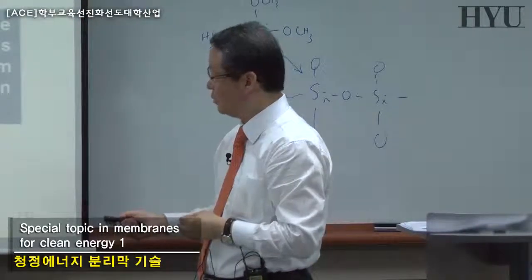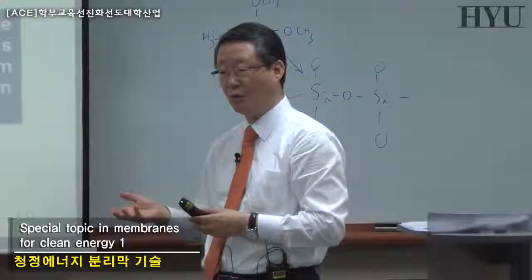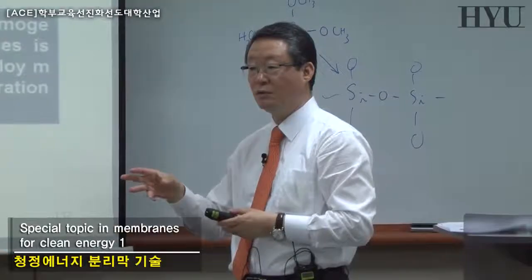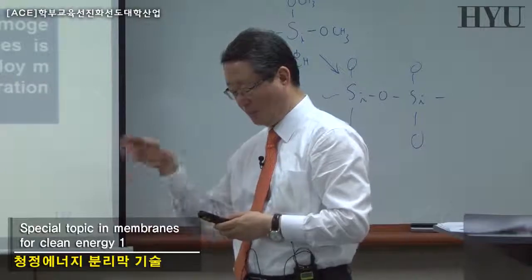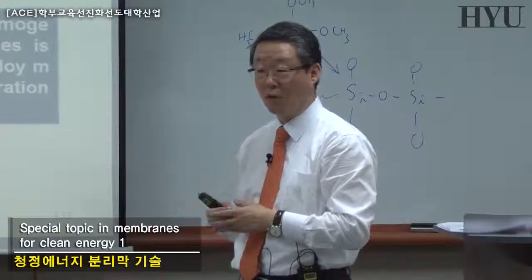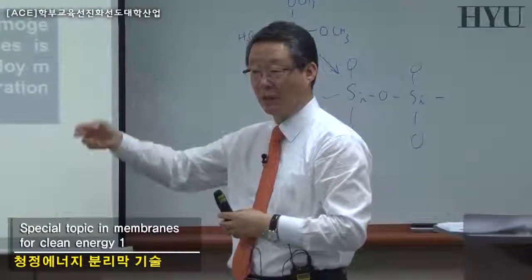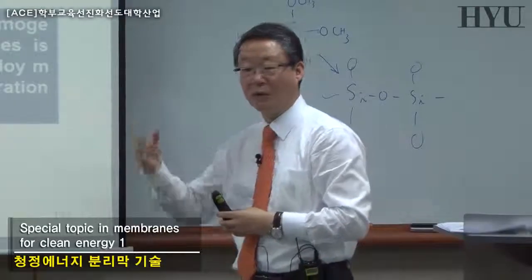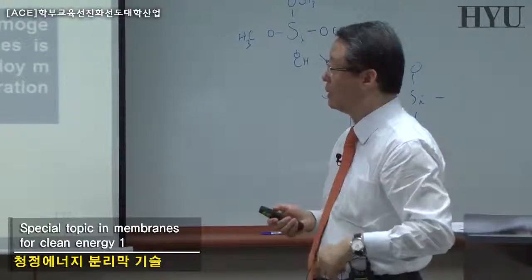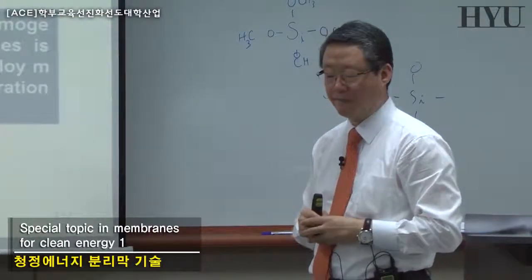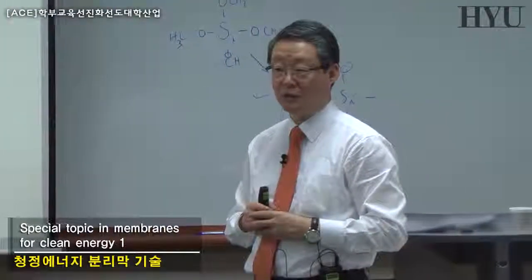If you can do that, the hydrogen will be collected, and high purity hydrogen could be used as a fuel to boil the water and get the steam and move your turbine and get the electricity. So that's the way of making clean electricity from the coal. That's what we call the integrated gasification combined cycle, IGCC process.